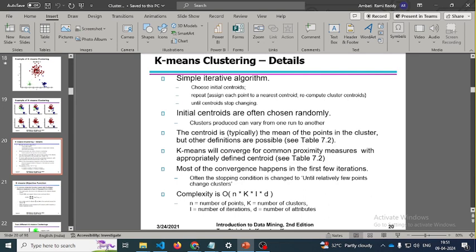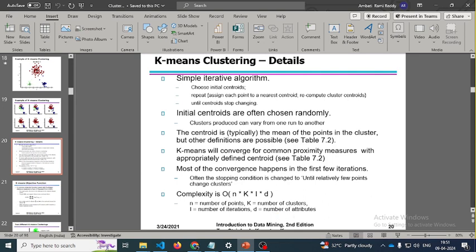If you want to talk about the complexity of k-means clustering, the computational complexity is order of n into k into I into d. Here n means the number of data points, k means the number of clusters, I means the number of iterations you are performing, and d means the number of attributes.